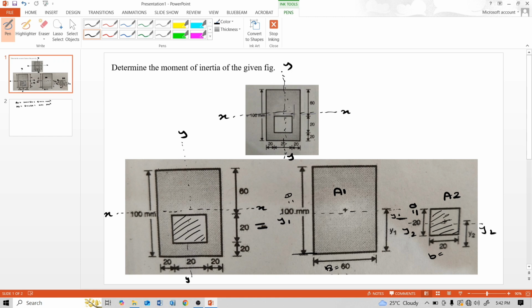Our aim is to solve for this section's moment of inertia. For that, we consider this whole rectangular part and deduct this small square part. This is the solving methodology. The original neutral axis of this section is different, not y1 or y2. That means this is y bar.